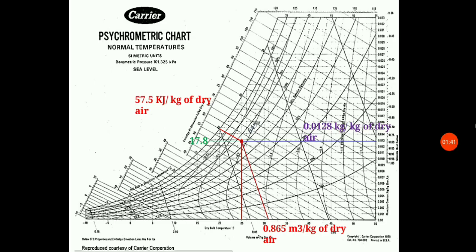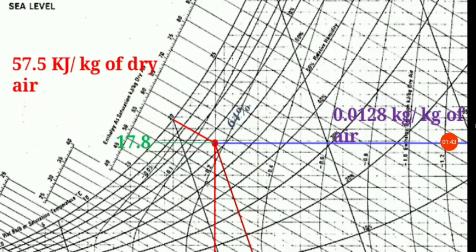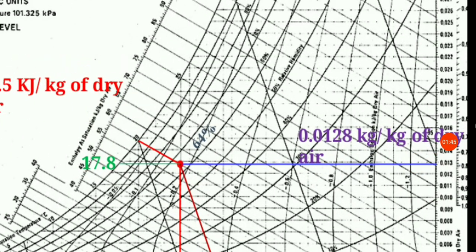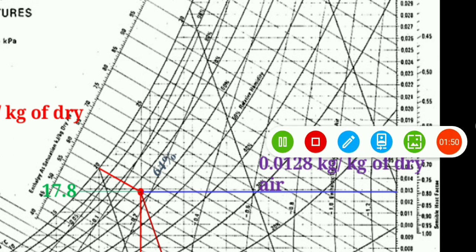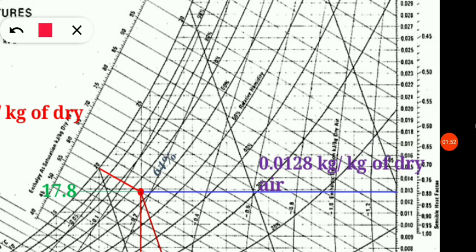Now to find out the relative humidity, I just zoom. So here we can see a curved line shown on the psychrometric chart, and here we can see a different curved line. So here it is the 70% relative humidity line, and this is the 60% relative humidity line.